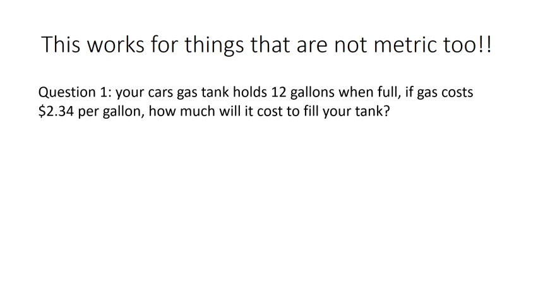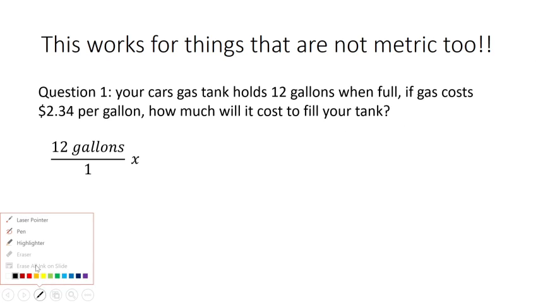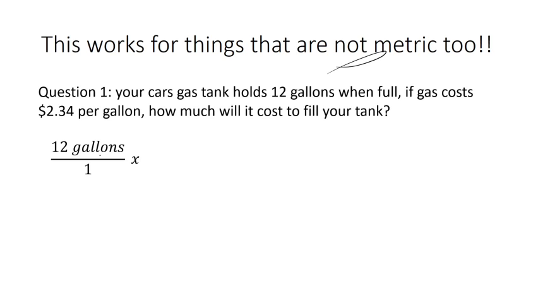Now, just like in the last problem, we're going to start with what we know, which is that we have 12 gallons that our tank holds. So we set it up as a fraction, 12 over 1. The other thing we know is that gas costs $2.34 per gallon, which is a conversion factor.